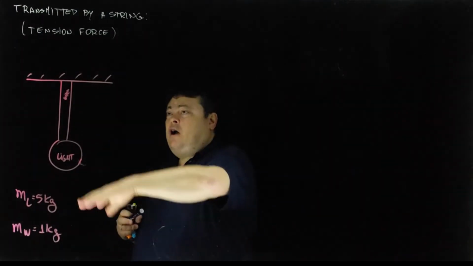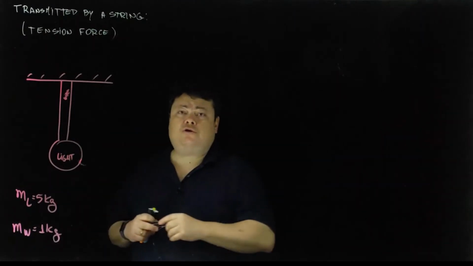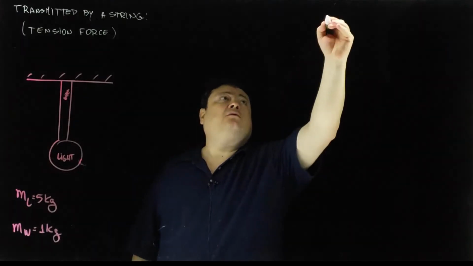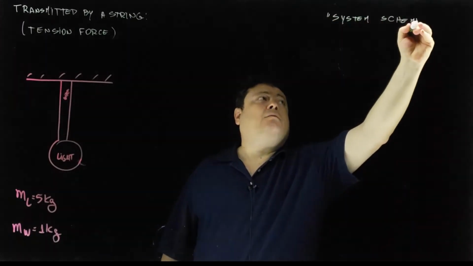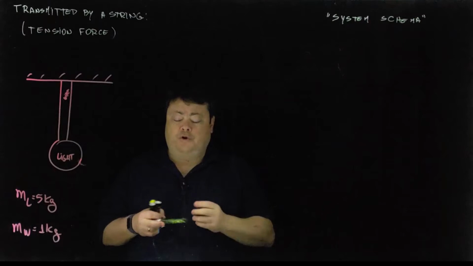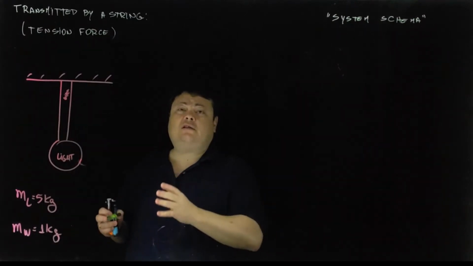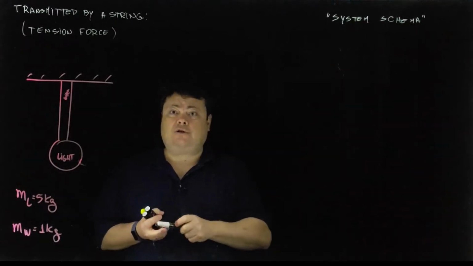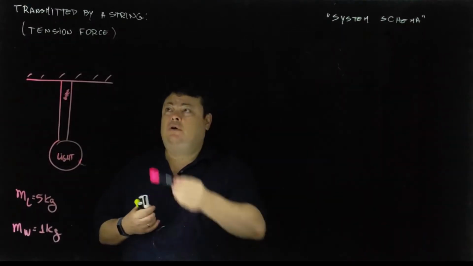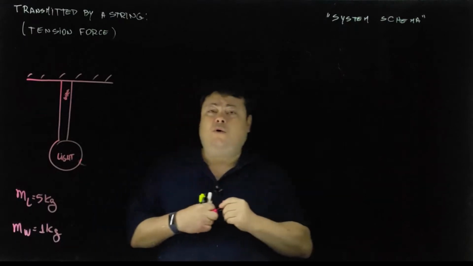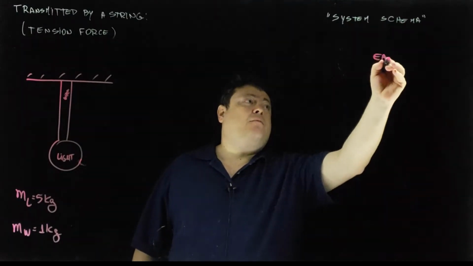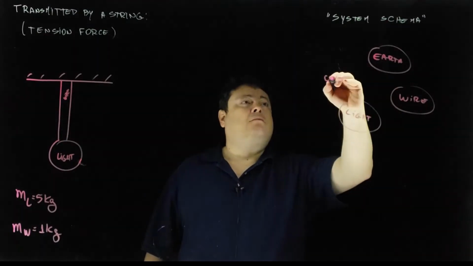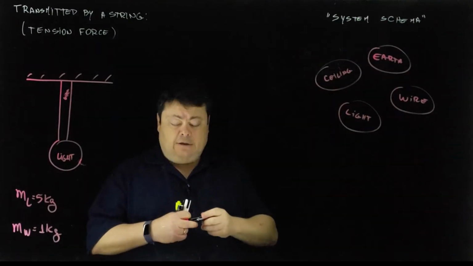So before I start doing the standard approach, I would like to introduce us to the idea of system. On a system schema, what we do is we represent the things that are meaningful in our system and their interactions. So, for example, my system schema in here, what's important is earth, wire, light bulb, ceiling. So what I have in here is this.